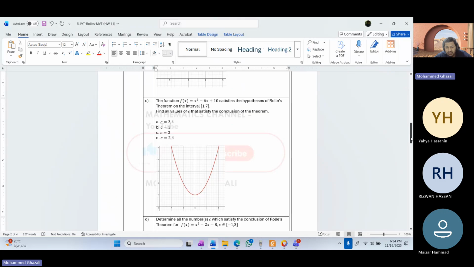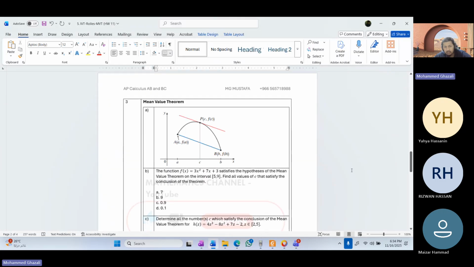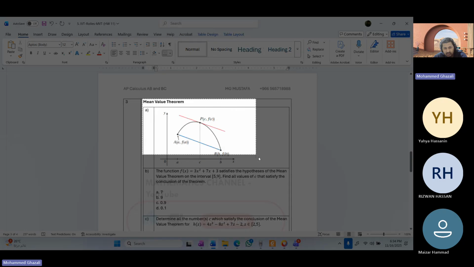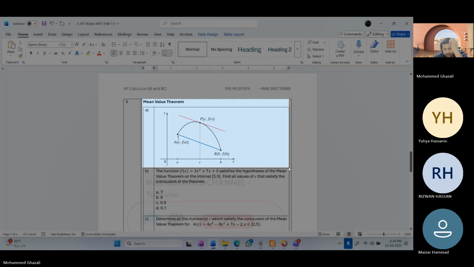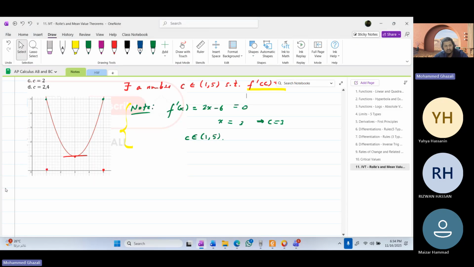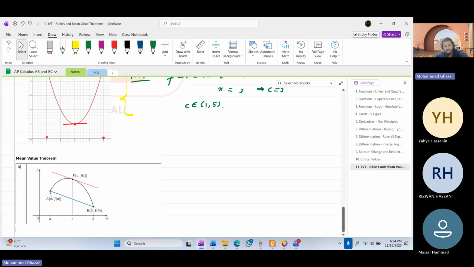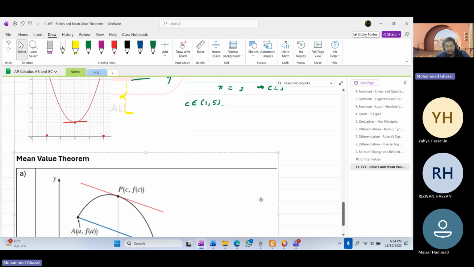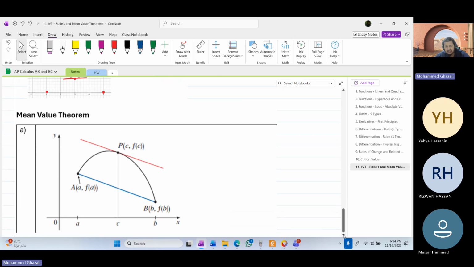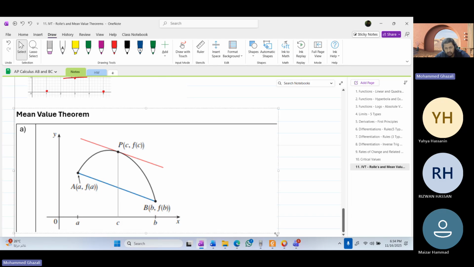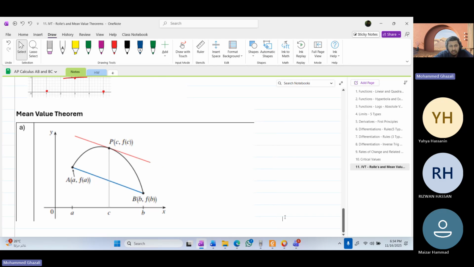Now we are looking at the mean value theorem. So what's the setup of the mean value theorem is something like this. And we have some questions here as well, right? So in the mean value theorem, it's no longer f of a equals f of b. The first two conditions are the same as Rolle's theorem.